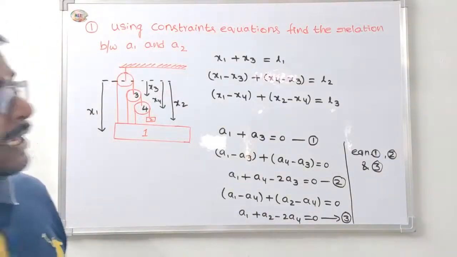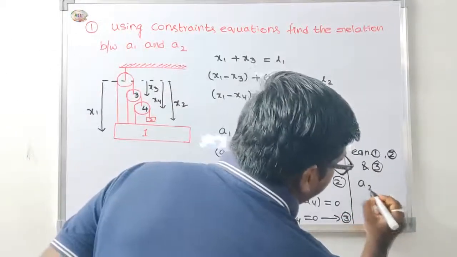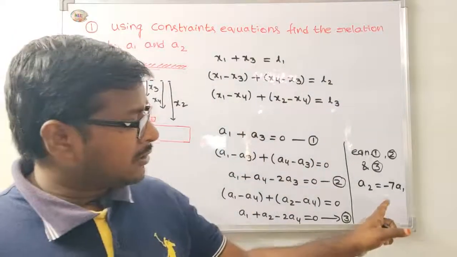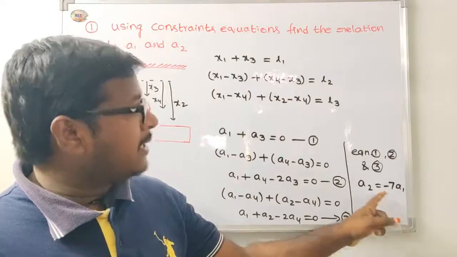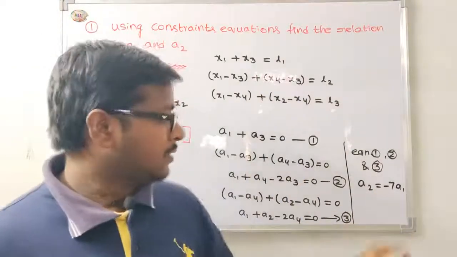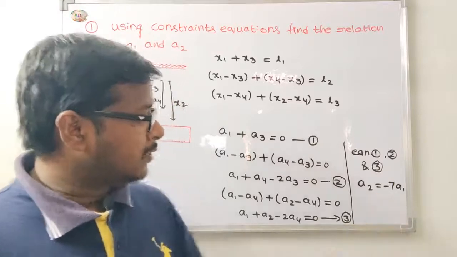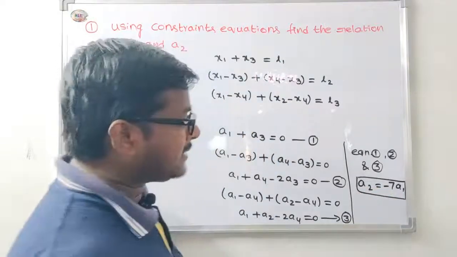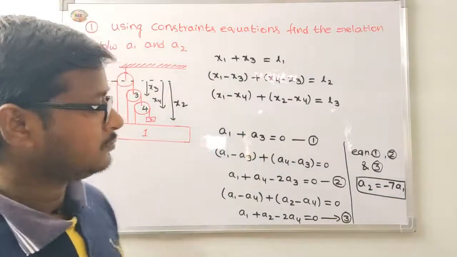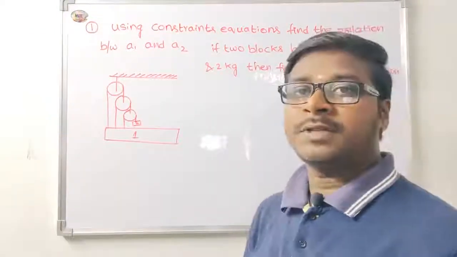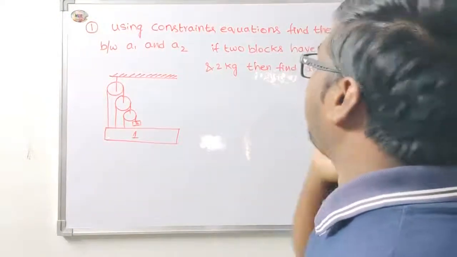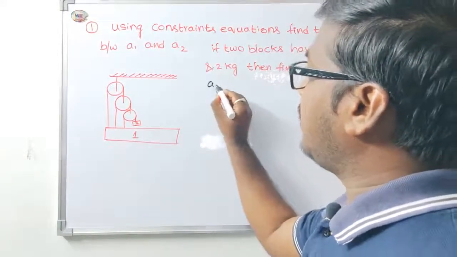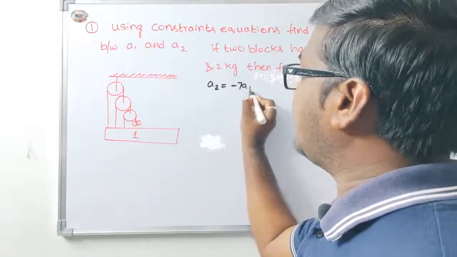Lastly, a2 is equal to minus 7a1, which is the relation between a1 and a2 by using the constraint equations.